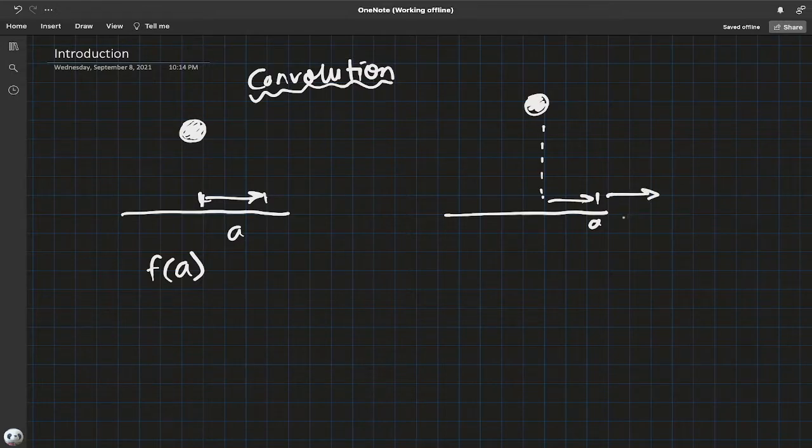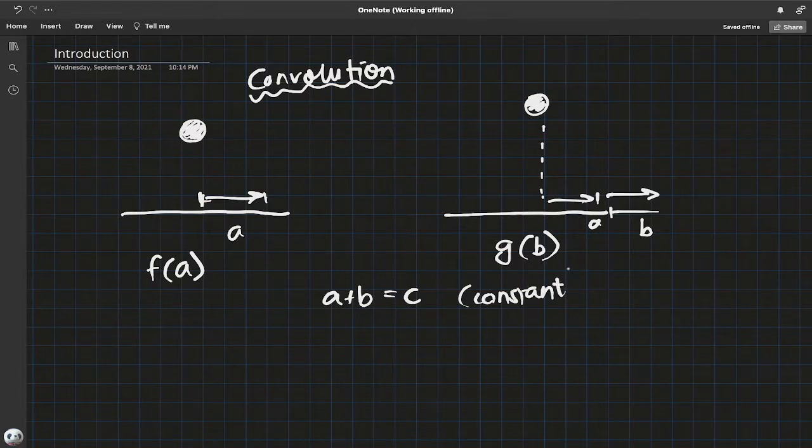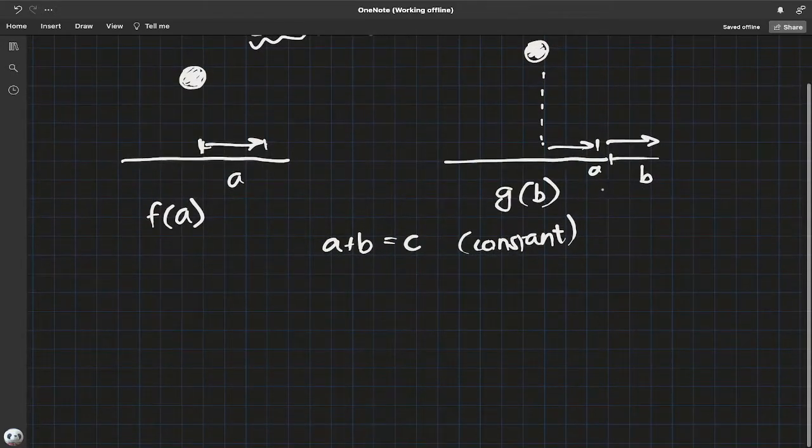Say it goes B units beyond A. Make note of that, and then the probability distribution function g of B for that position. What if I say that A and B, the total distance traveled, should be fixed? So what if I say A plus B is C, where C is some constant? So we're fixing the total distance the ball can travel the second time.